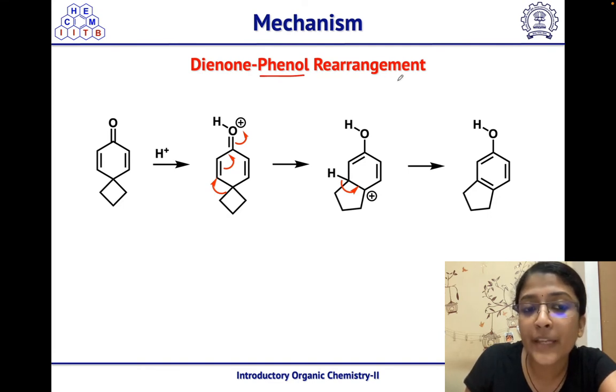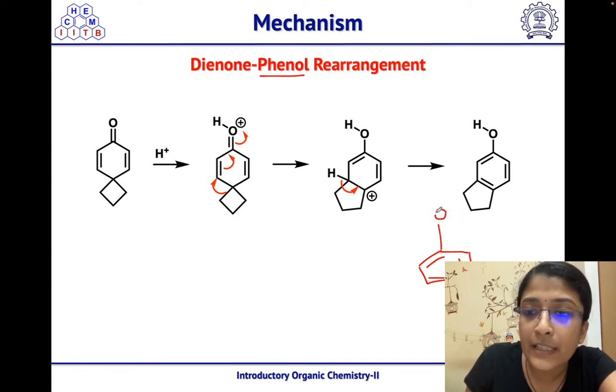Any doubt regarding the mechanism? Even if the migration is taking place on this side as well, we will get the same product. If the shifting is taking place on the other side, it will give this product, but both of these are the same only.